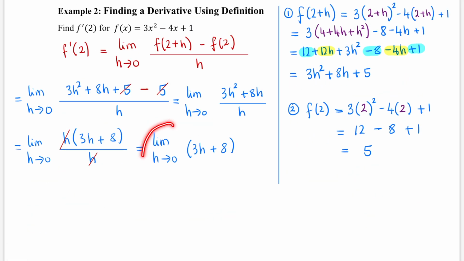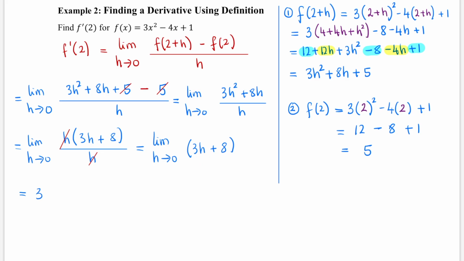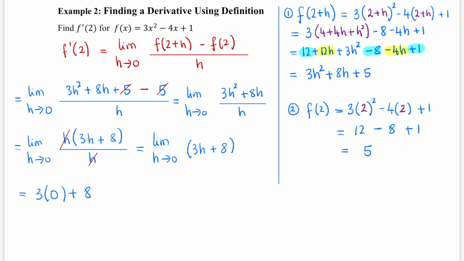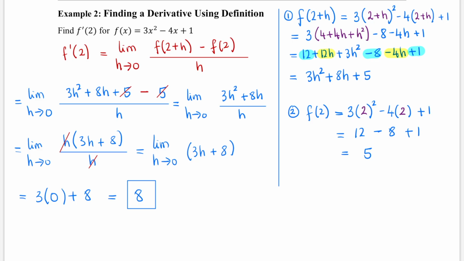We have the limit as h approaches 0 of 3h plus 8. We substitute 0 for h. This gives 3 times 0 plus 8. 3 times 0 is 0, plus 8 is 8. So f prime of 2 equals 8.